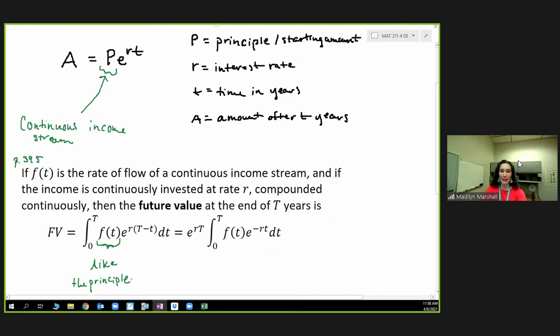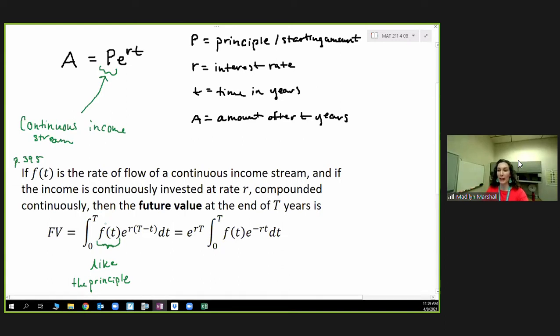The big difference is that a principal is one amount of money that we invest at the beginning and it just stays there. Here we have a continuous flow. So instead of being one chunk, it's just continuously going in there.